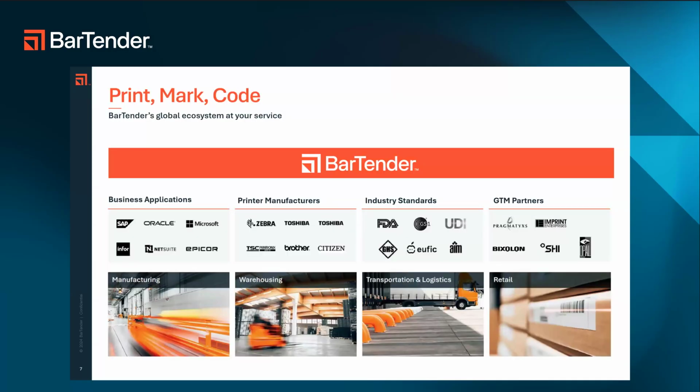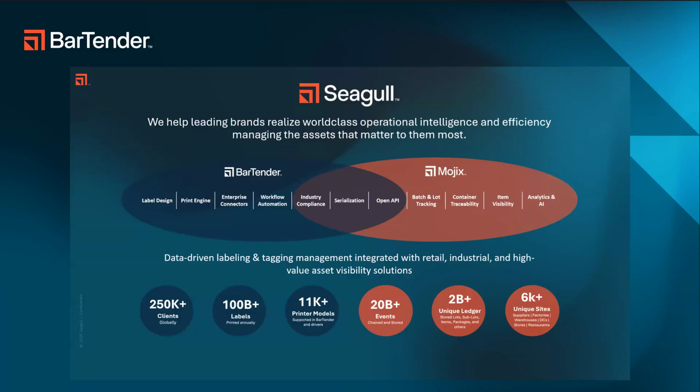But BarTender is more than just a labeling software. It offers a complete ecosystem of labeling experts, from printer manufacturers to business applications to even our partner resellers. We work with industry leading partners to ensure you build the labeling solution that best fits your business needs, no matter where you function within the supply chain.